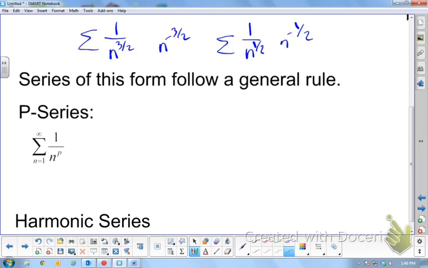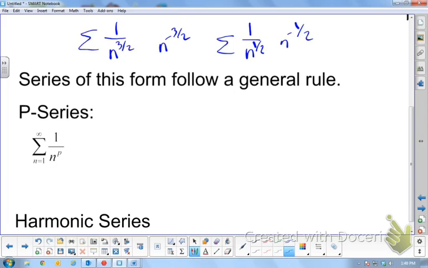Good job. Okay. So a series of this form is called a p-series. This is another one like a geometric series where we're hopefully going to get to the point where we can look at it and say, hey, that's a p-series, and I can know automatically whether this converges or diverges.